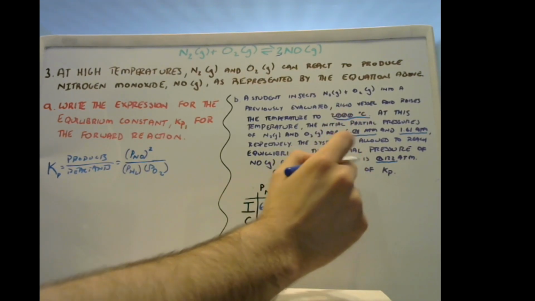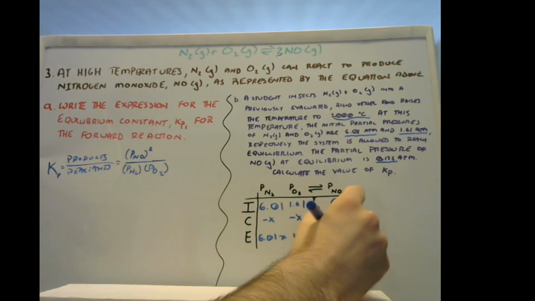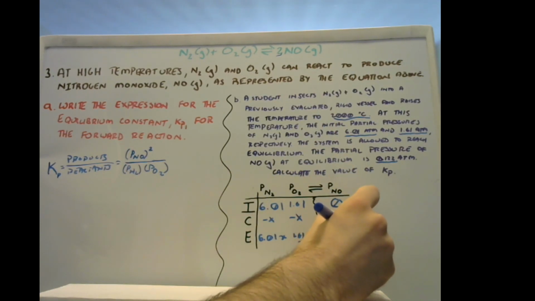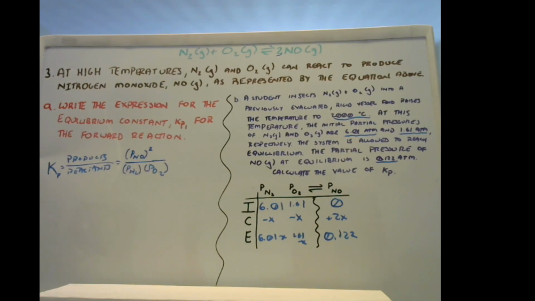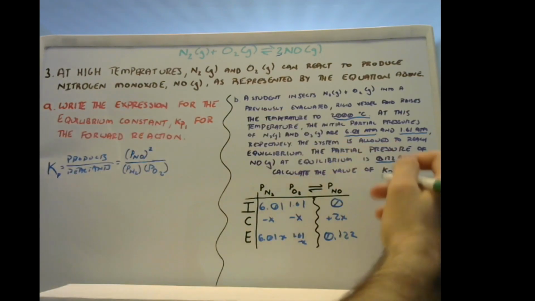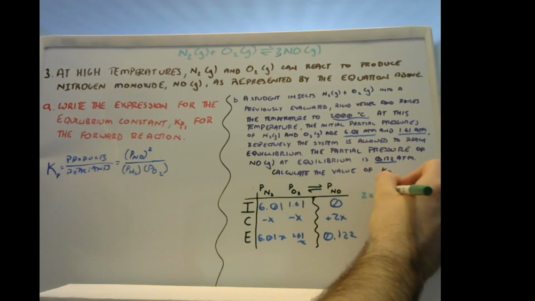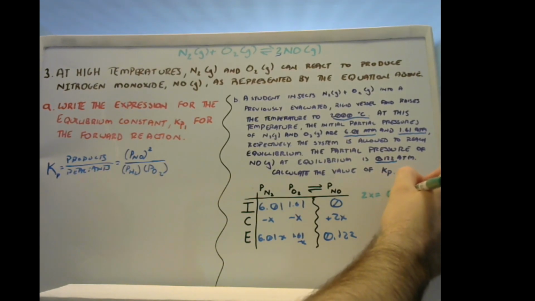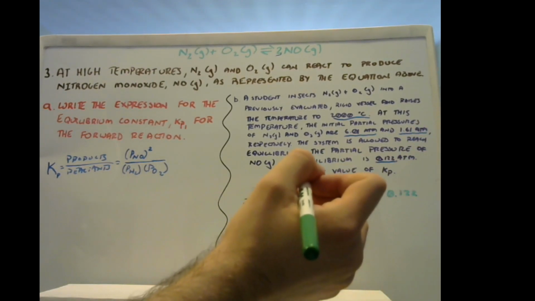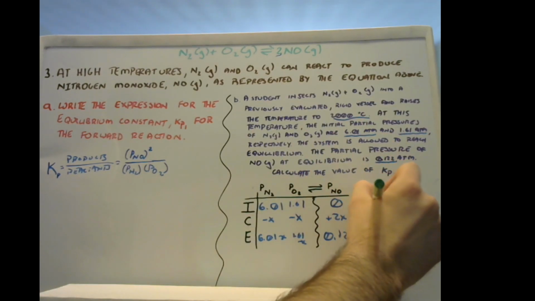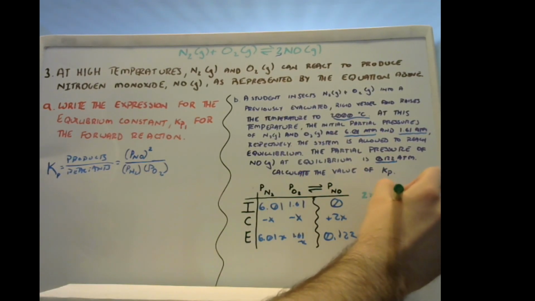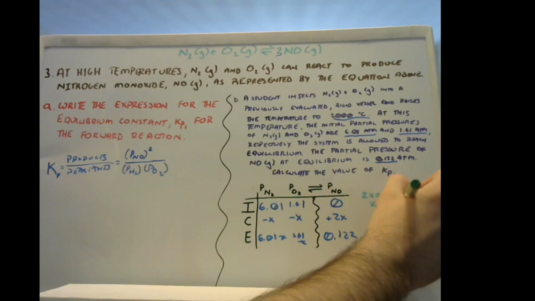But this, they tell me, is 0.122, which means I can solve for x. In other words, 0 plus 2x, or 2x, equals 0.122, which tells me that x equals 0.061.